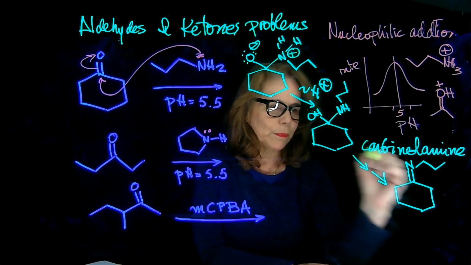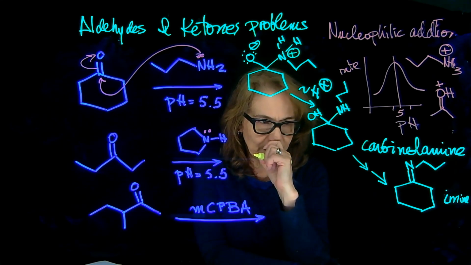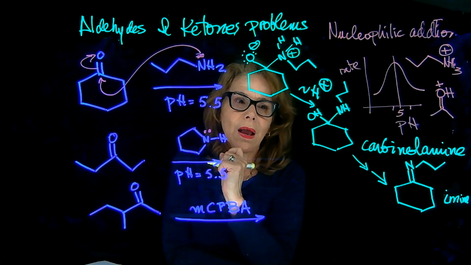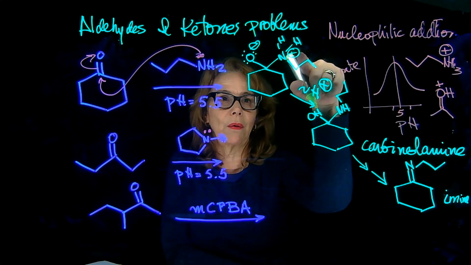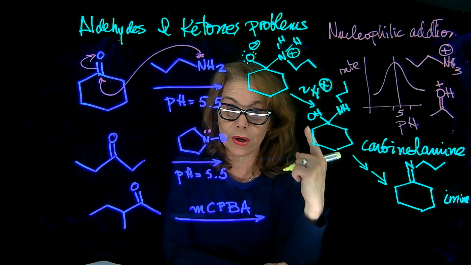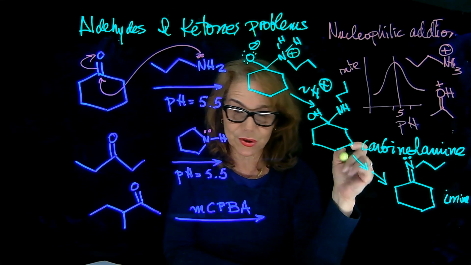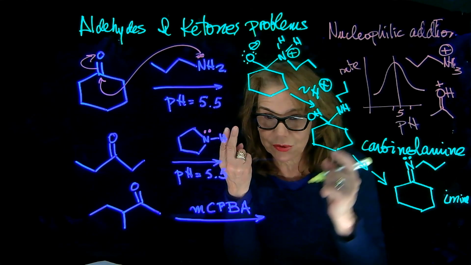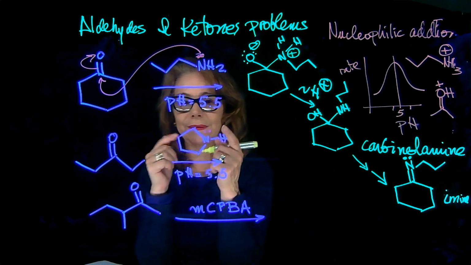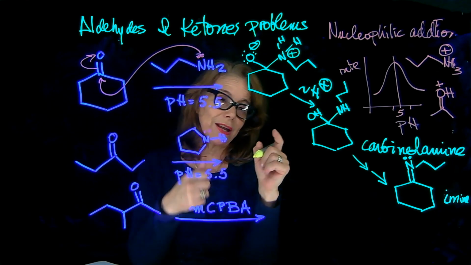This is called an imine. But what's important is that in the primary amine, I had 2 H's. In one step, one was removed, and in the following step, the other H was removed. So notice I no longer have H's. To get to the imine, I need to remove 2 H's here. That will be important because when we have a secondary amine, I only have that one H.